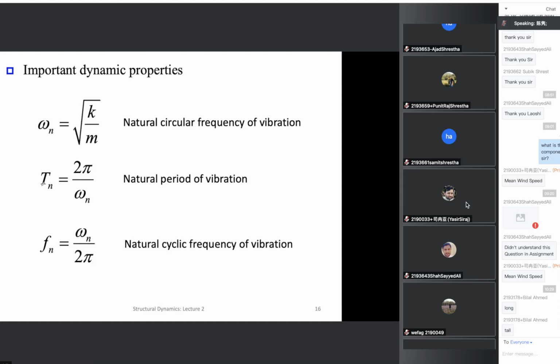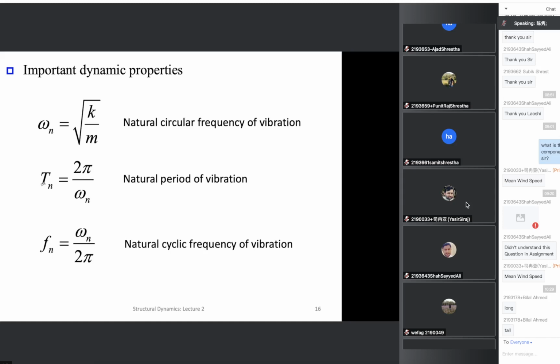And a shorter building, about 10 meters high, about 3 stories, should be about 0.3 seconds. So it's very fast, the time is very, very short.